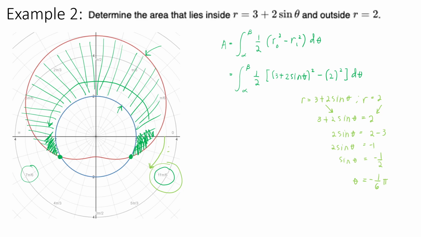So 11 pi over 6 is the positive counterpart of negative pi over 6. And then this one is negative pi over 3, and this one is negative pi over 2 if you are rotating in the clockwise direction.